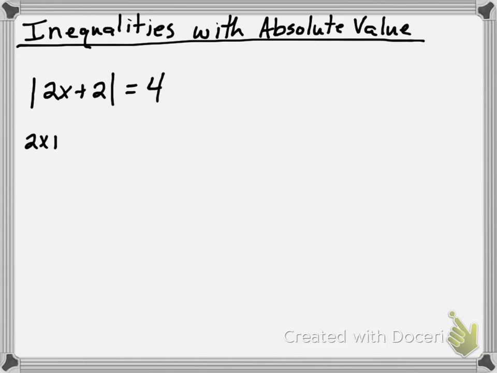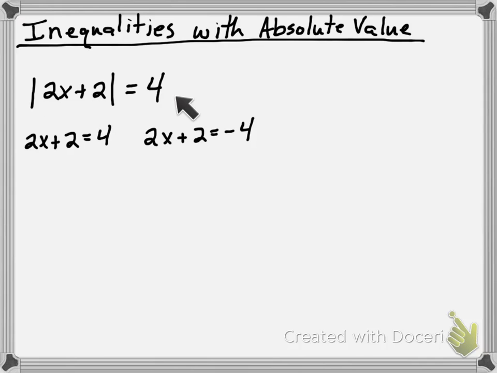So this could be 2x plus 2 equals 4, because that would be a solution for this equation. But also, what's inside the absolute value could be negative 4, because the absolute value of negative 4 is also 4. So I could also have 2x plus 2 equals negative 4.